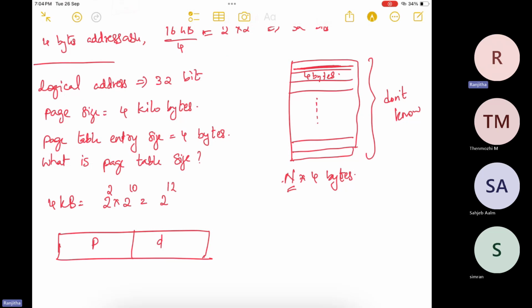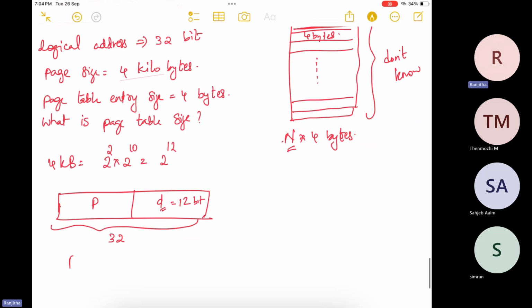To represent the offset, the page size is 4 KB, so to represent 4 KB, we need 12 bits. D is equal to 12 bits. The total is 32, right? So how much will be P? P is equal to 32 minus 12, which is 20.